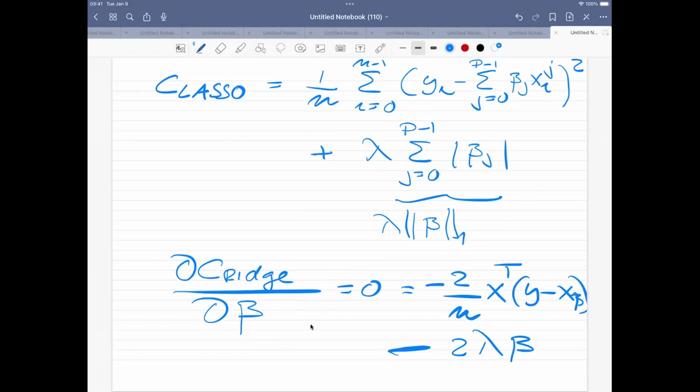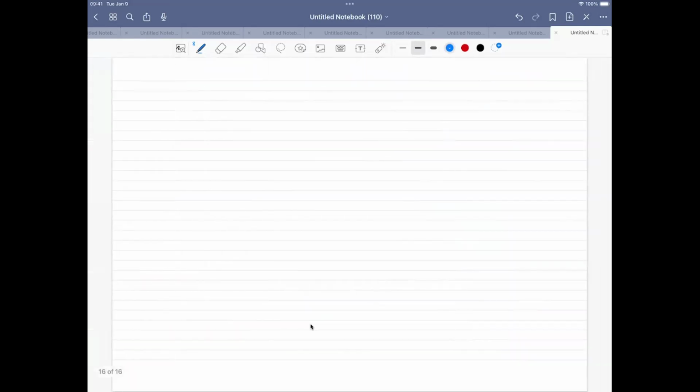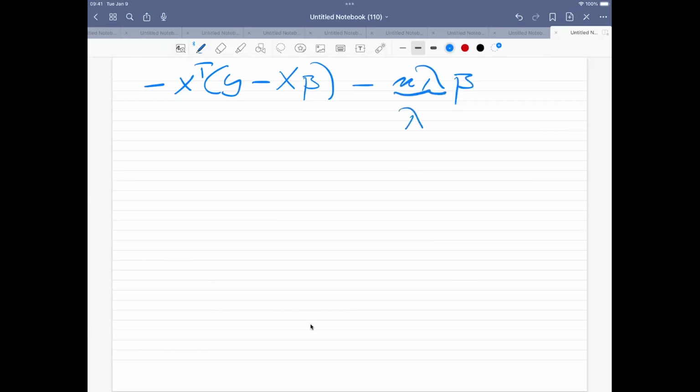And now we can just reshuffle. I multiply away 2 over n from the equations. I want this to be 0. And if I multiply away 2 over n, what I simply get then is minus X transpose times y minus X times beta. And then I have minus, and now I have n times lambda times beta. And I just redefine this as lambda tilde, which I then relabel as lambda. Okay?